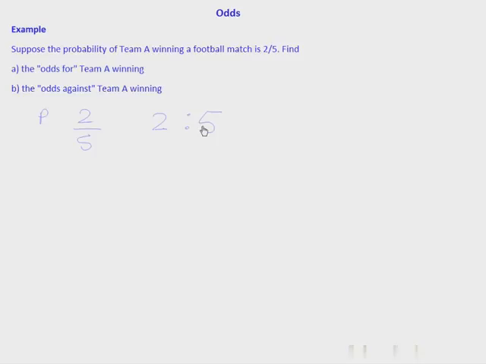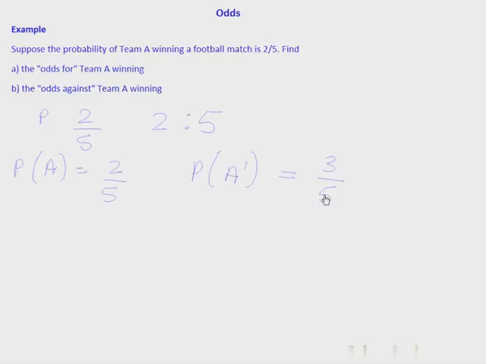So what's the probability of team A losing? Or rather the complement of the event. So I have an event, P(A), which is 2/5. Then the probability of the complement of the event is 3/5. In this case, of course, the complement is interpreted to mean that team A either draws or loses the match. So the probability of team A not winning is 3/5.